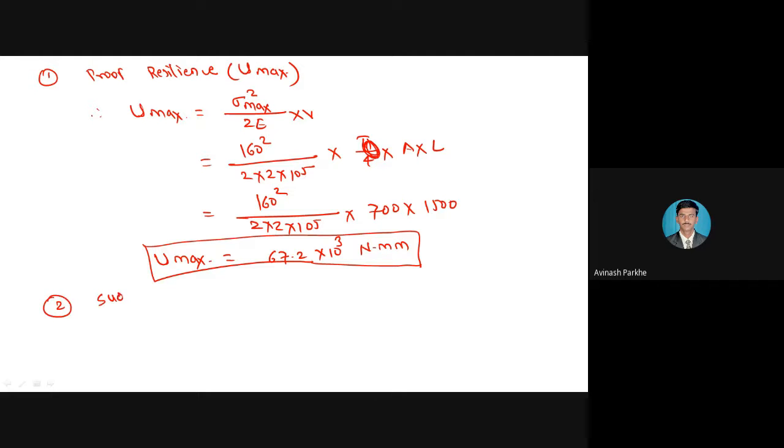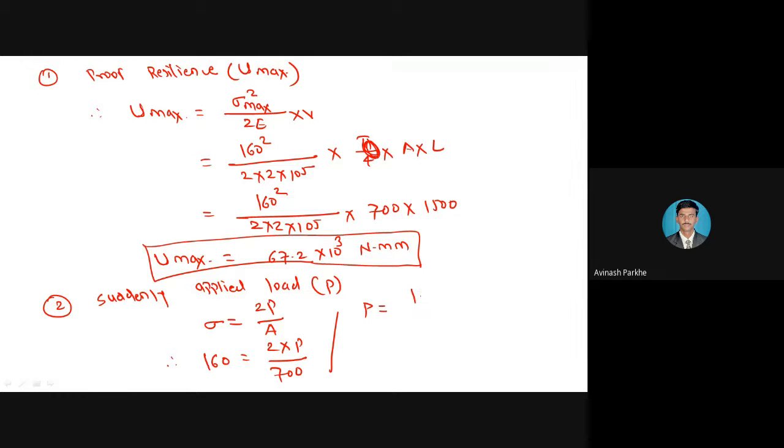Then the suddenly applied load P, which I have to calculate. Which formula do I have to use? Sigma is equal to 2P upon A. Sigma is given as 160, 2 into P is the unknown, and the cross-sectional area is 700. Therefore, capital P is equal to 160 into 700 divided by 2.